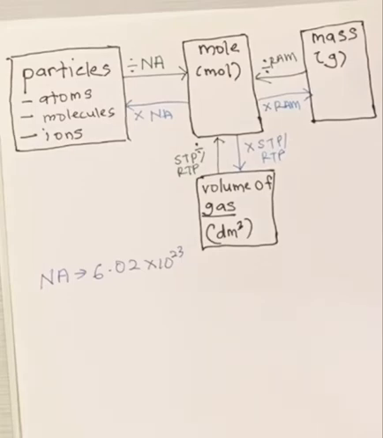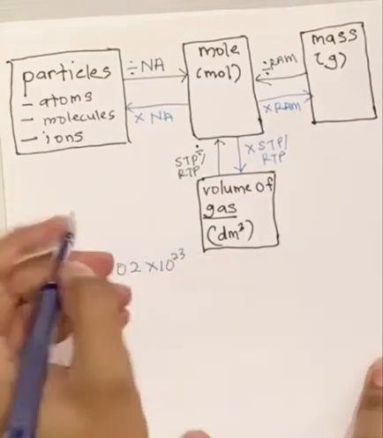Now, mathematically, for you to keep writing millions and billions, it's not easy. And people tend to make mistakes when the numbers get bigger. Correct? So, luckily, the guy called Avogadro came up with this concept where he said, instead of us dealing with billions, why don't we say 1 mole?